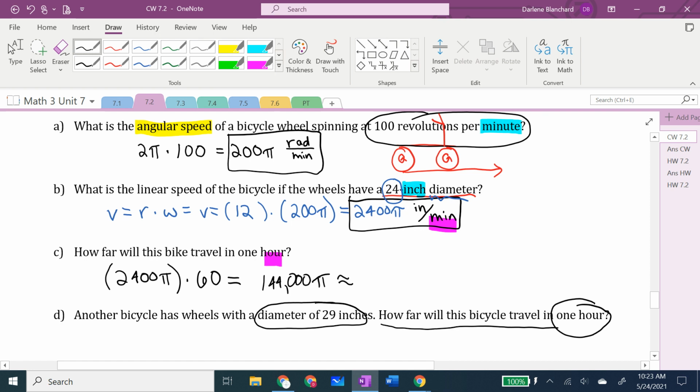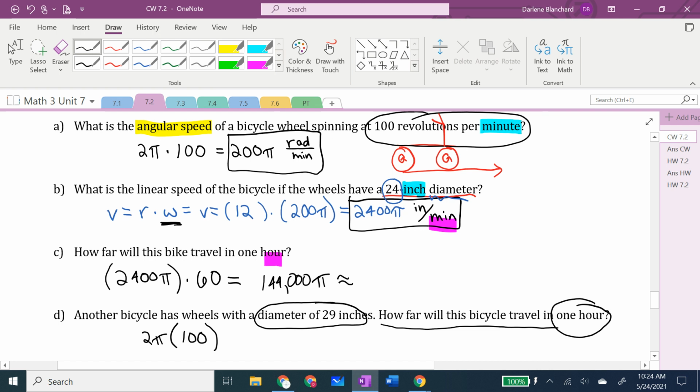So now let's look back at the process. We can find angular speed by taking the number of radians around a full revolution and multiplying it by the number of revolutions per minute. That gets us to our angular speed. Once we know our angular speed, to know the linear speed, we need to multiply that by the radius.